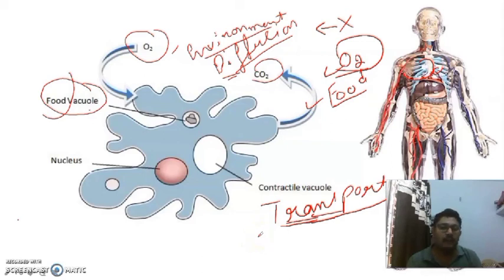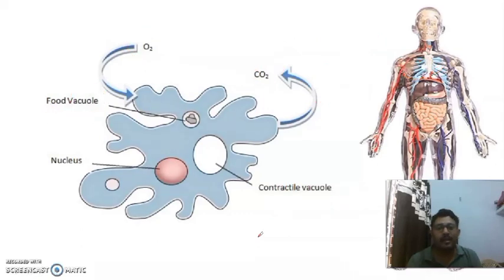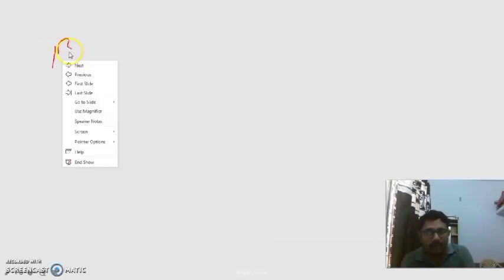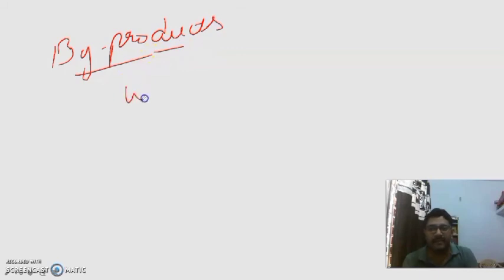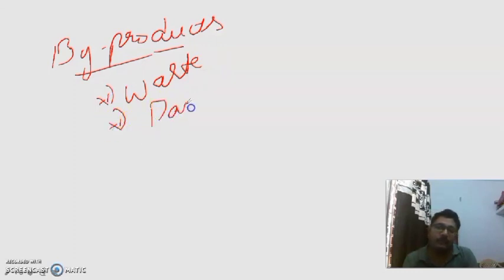Then, after the respiration process, after breaking down food, our body produces waste. So after respiration, what does it produce? It produces byproducts. All these byproducts are waste, and not only waste, sometimes they may become dangerous to the body, that means they may kill the organism.